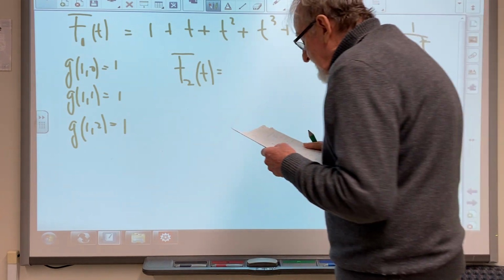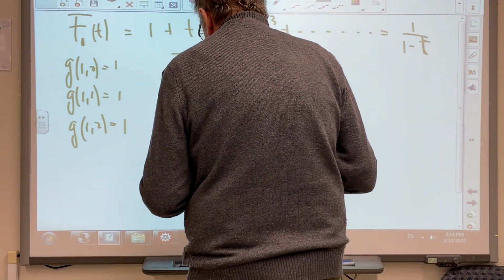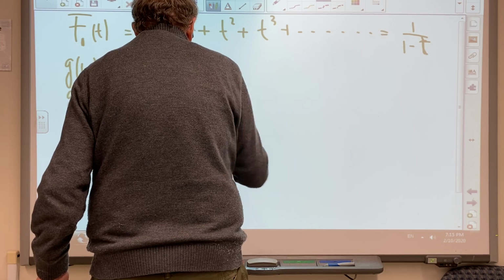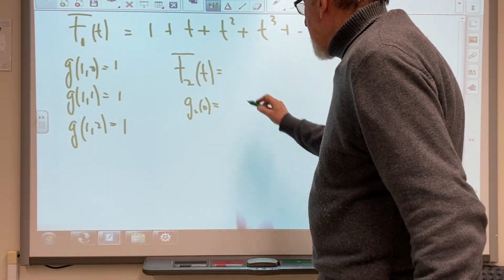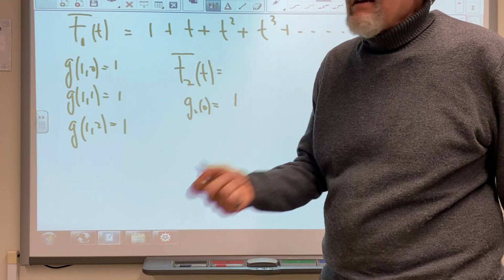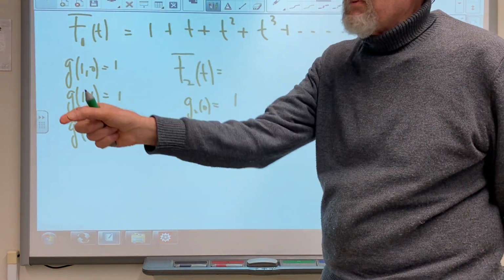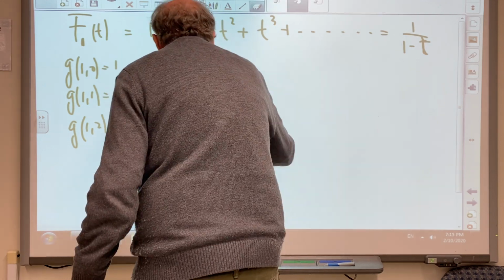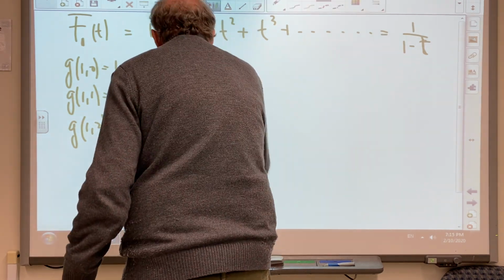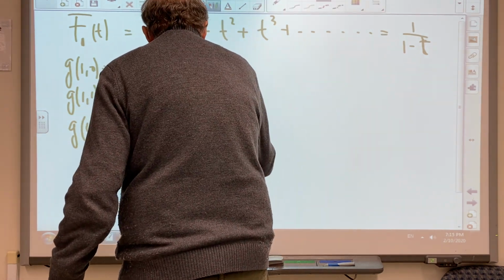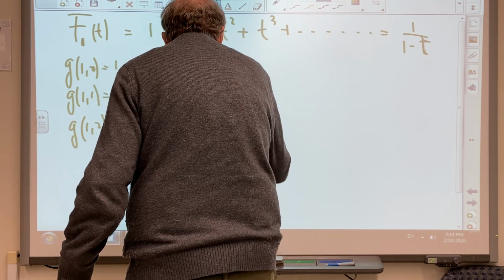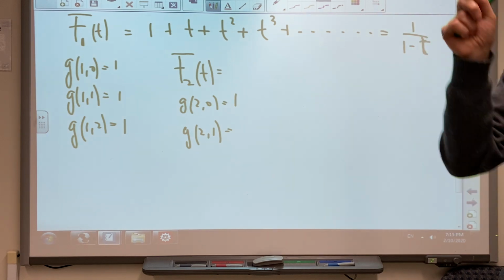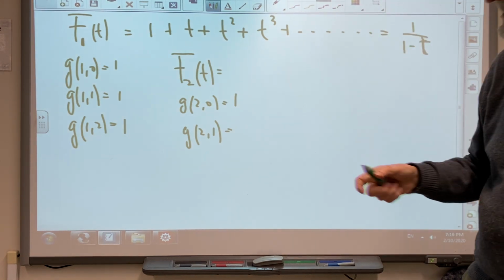But let me convince you of the following. G of 2, 0 will be the number 1. If I want energy 0, the only thing I can do is to put my two particles at level 0. Let me use the old notation. G of 2, 1, how much is it? How many ways can I get energy 1? 2 ways. One particle in 0, one in 1.